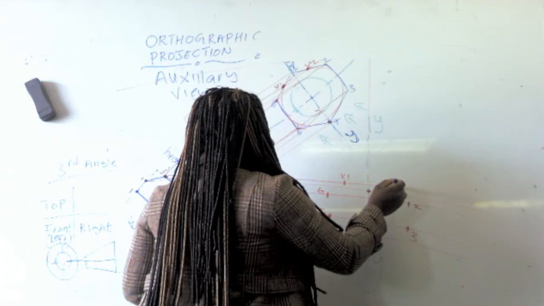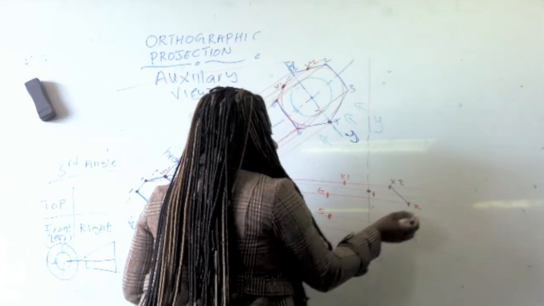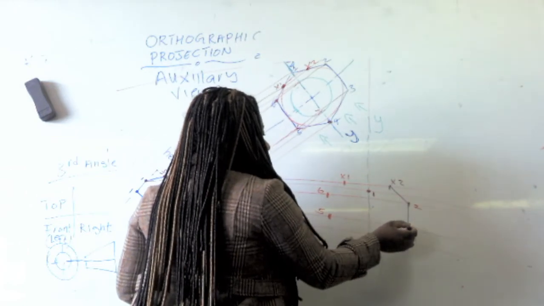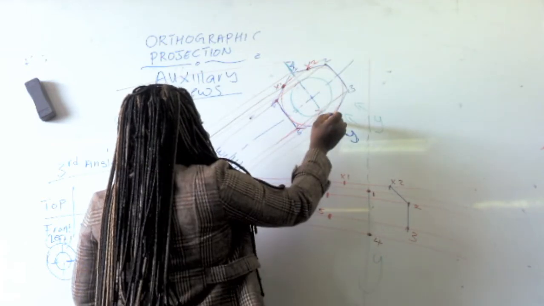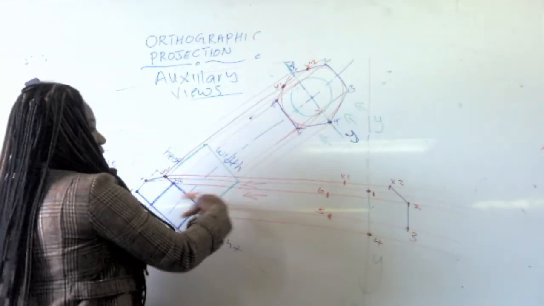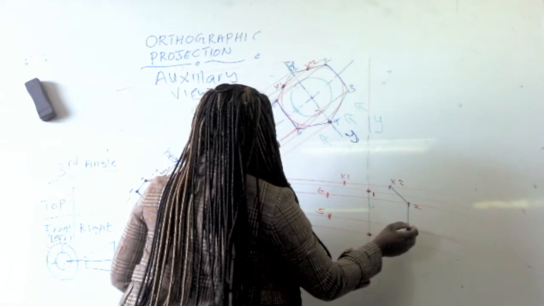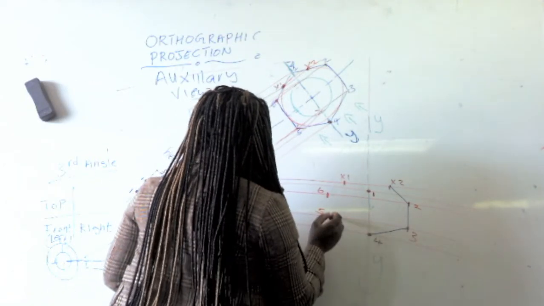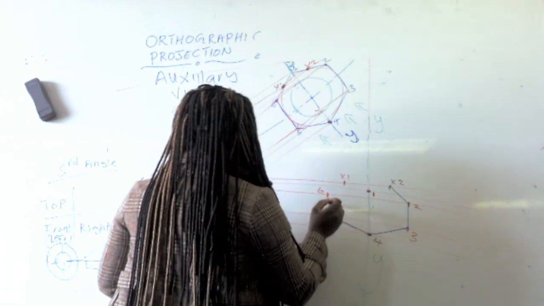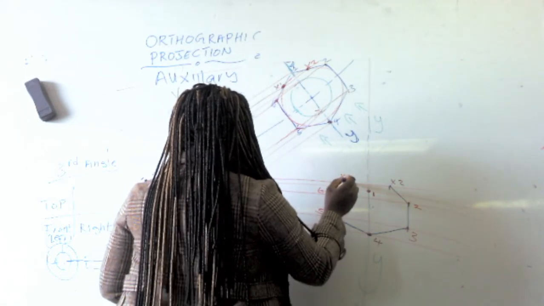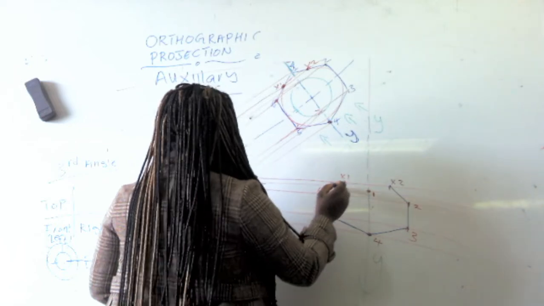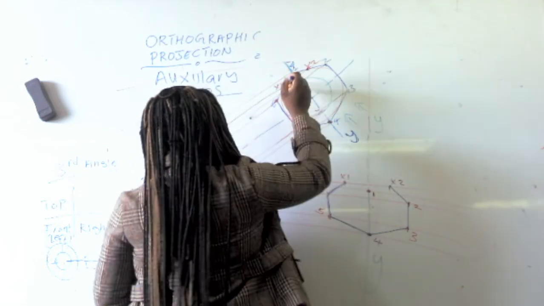In that case, join x2 to number 2, join 2 to 3. The way it is here, x2 to 2, 2 to 3, 3 to 4, 4 to, you will see because you are looking from that side. Join 3 to 4, 4 to 5, 5 to 6, then this one to x1, then x1 to x2, because it's a cutting edge.